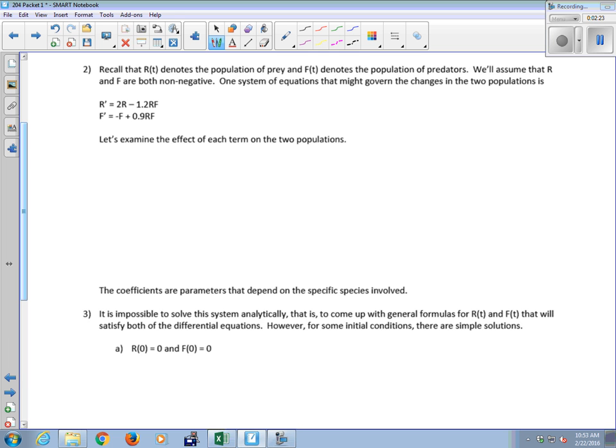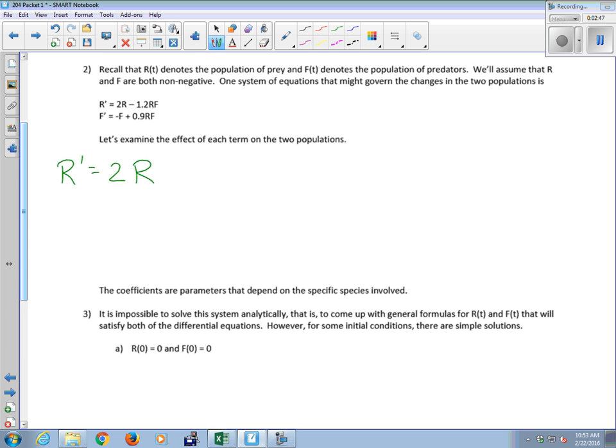So we want to think about the effect of each term on the 2 populations. First, let's think about what happens to each population in the absence of the other. Let's think about rabbits if there are no foxes. Then R prime would just be 2R, because F is 0. There are no foxes.